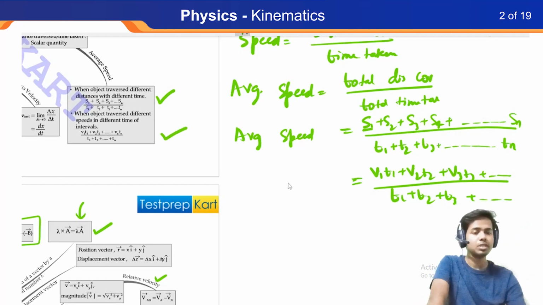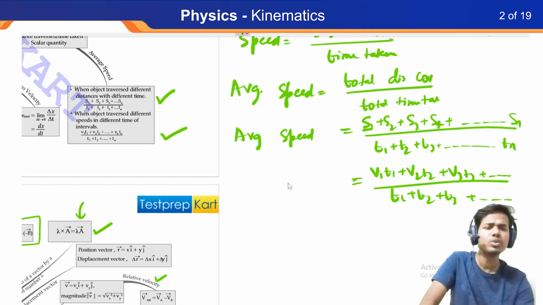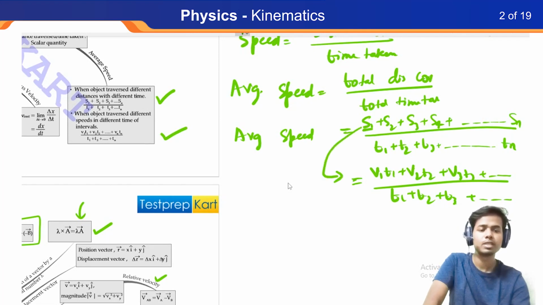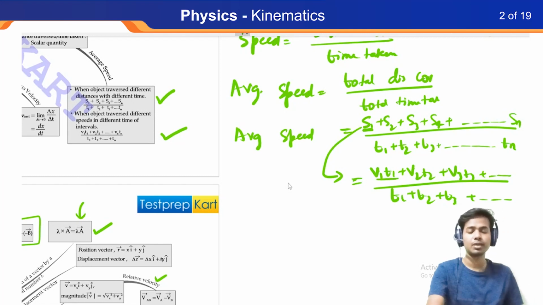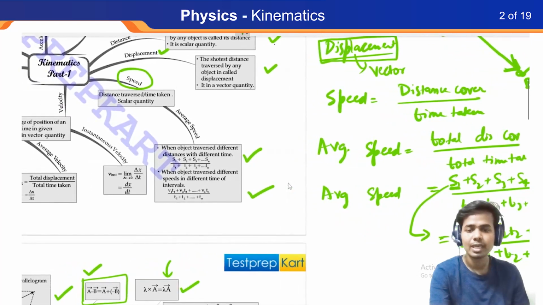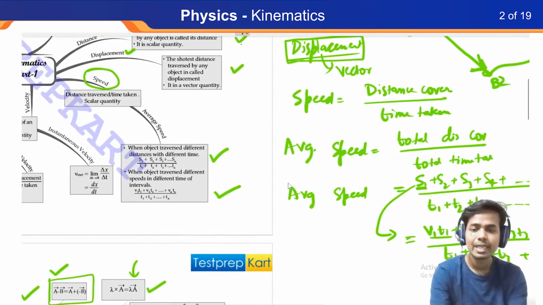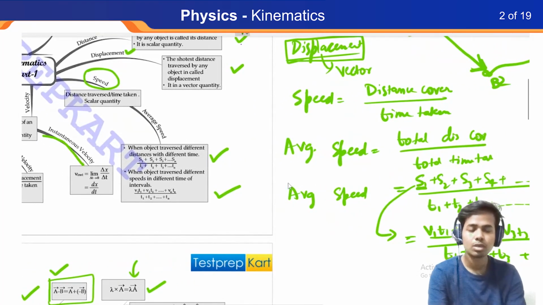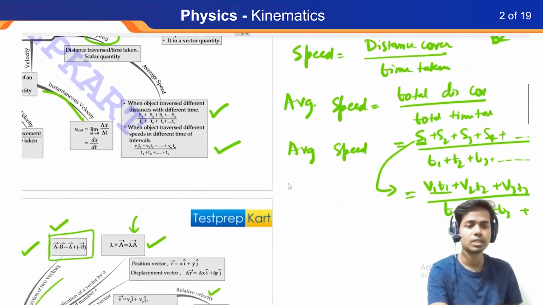So in either way you can find it; these two equations are not very different from each other. It's just the expansion of the distances in the second equation. All right. So if that is covered, then we can move on to instantaneous velocity.